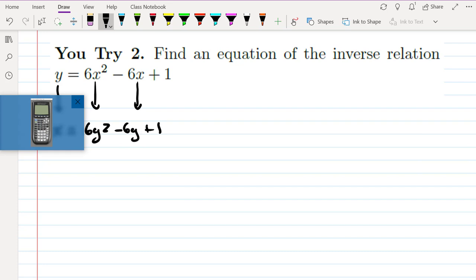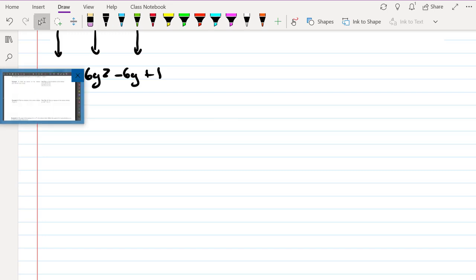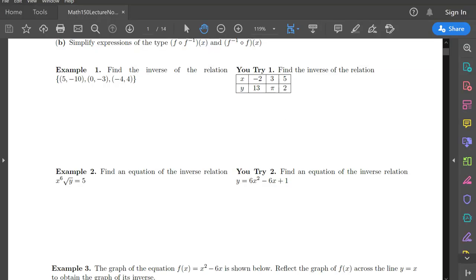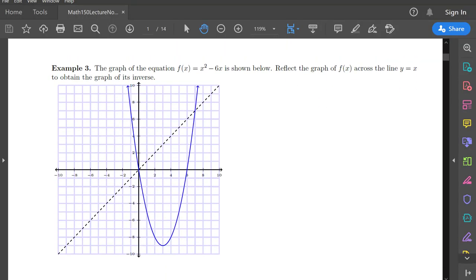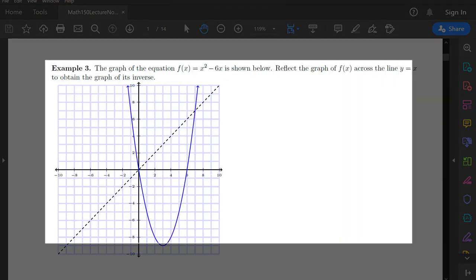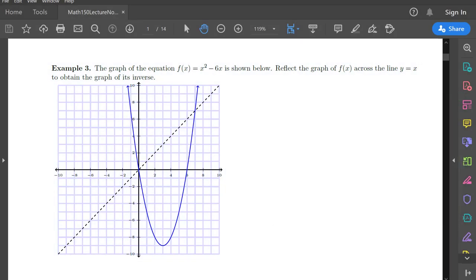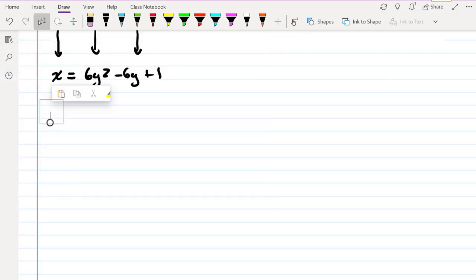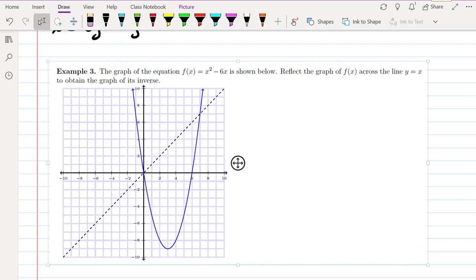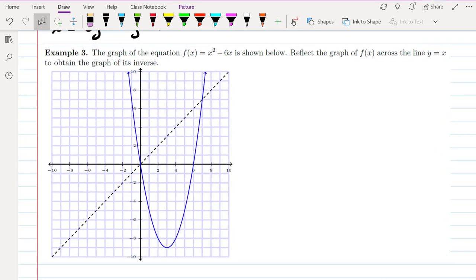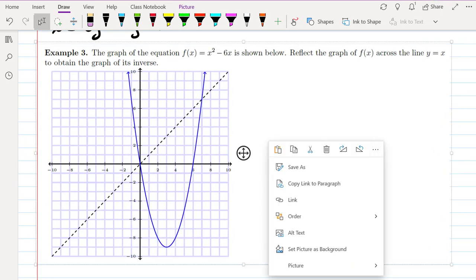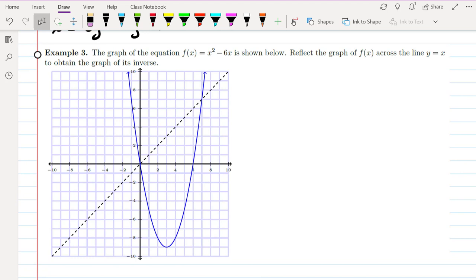All right, so let's take a look at our next example, and we want to explore this concept graphically. So the graph of the equation f of x equals x squared minus 6x is shown below.